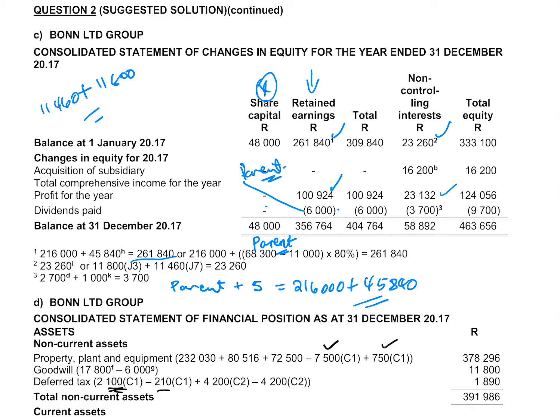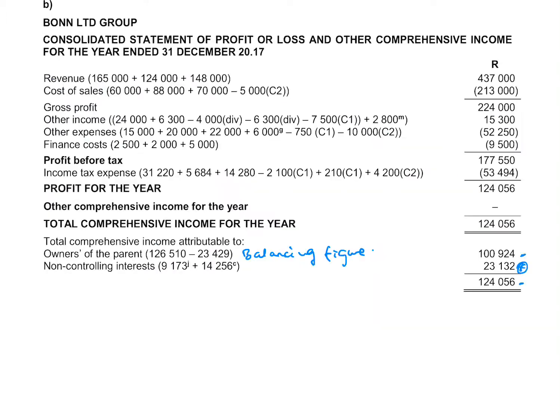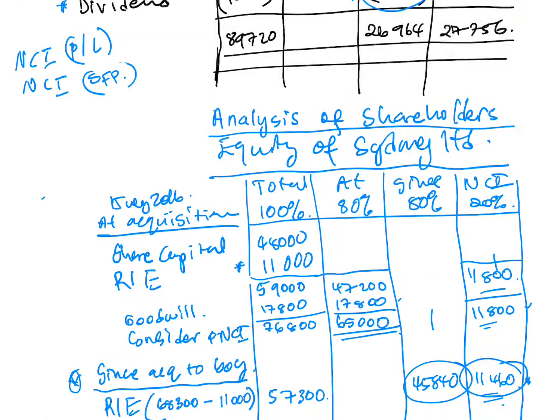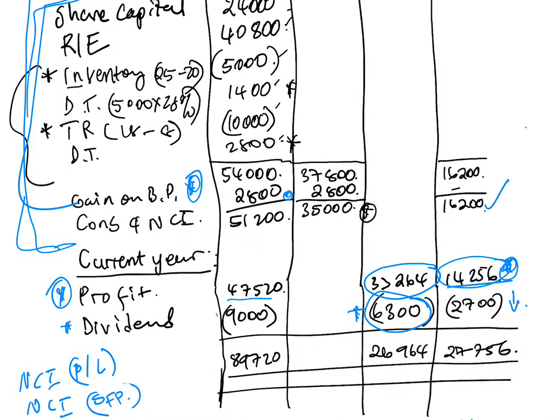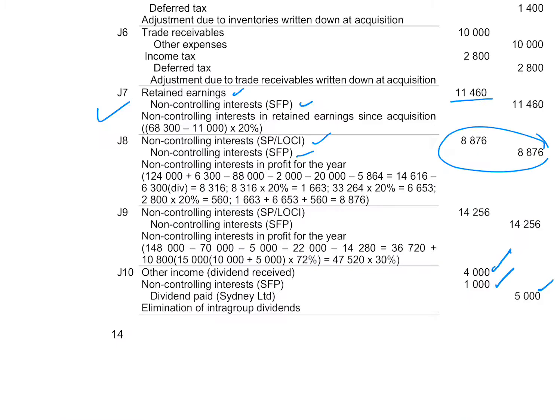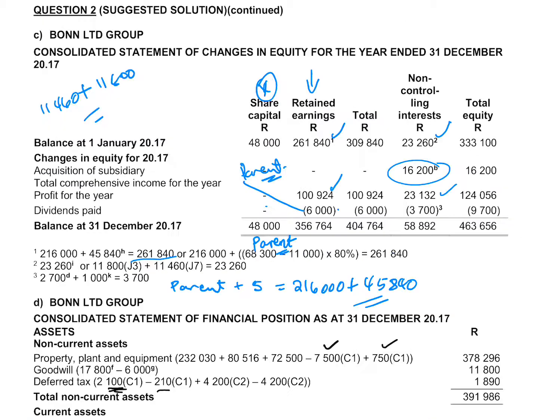The profit is what we have already calculated, which is 23,132. Another one that is important is the acquisition of subsidiary. Remember, we acquired the sub-subsidiary at the beginning of the year, and the amount in the analysis was 16,200. So you're going to come and you put acquisition of subsidiary, dividend paid 3,700. Where did they get the 3.7?